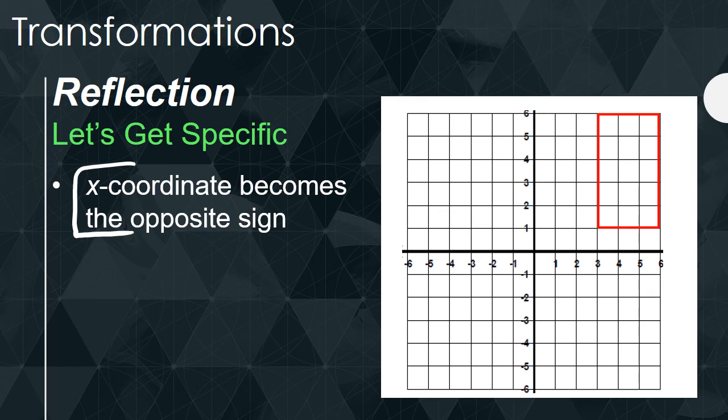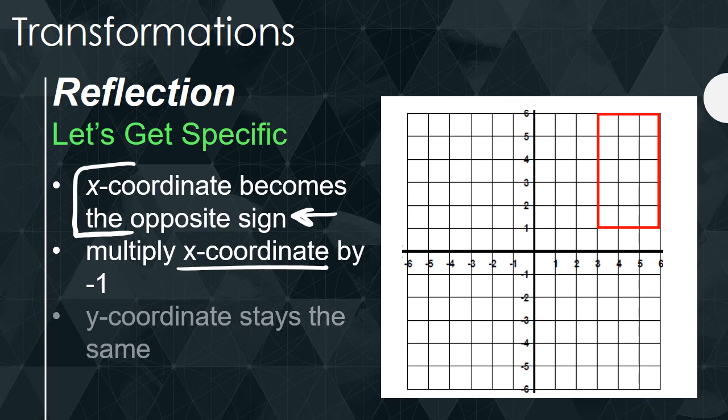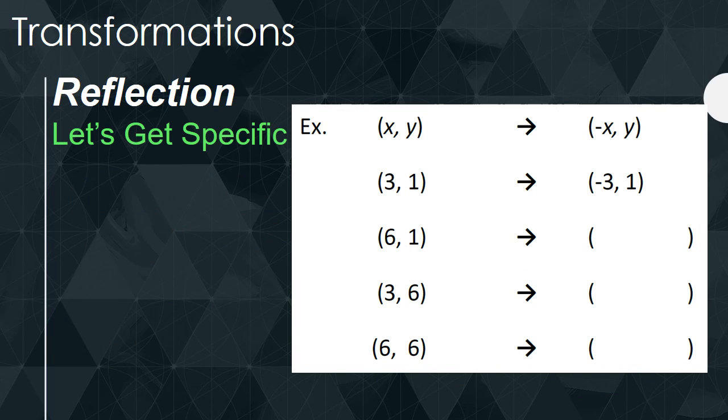This time, for reflecting over the y-axis, the x-coordinate is going to get the opposite sign, which means that we're going to multiply our x-coordinate by -1. And our y-coordinate, remember we're flipping over the y-axis, the y-coordinate stays the same. So to get specifics here, I'm going to label A, B, C, and D.